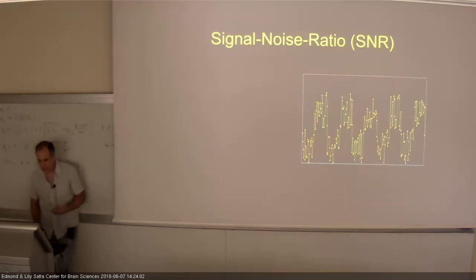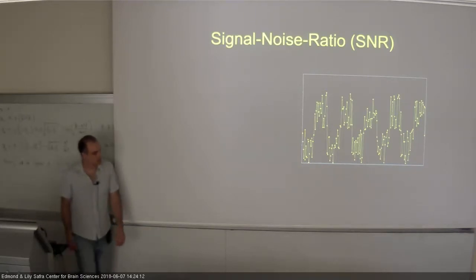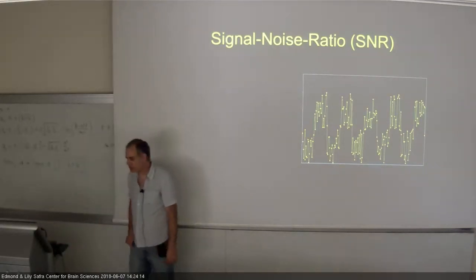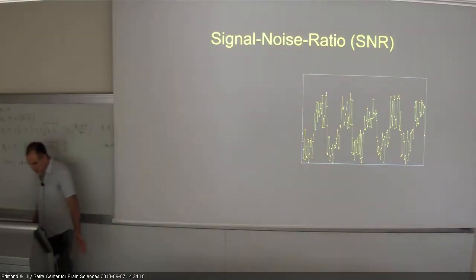So when you talk about functional MRI, when you talk about any measurement that you take in science, you basically talk about SNR, signal to noise ratio. And in every paradigm, including fMRI, you want to make this ratio optimal for your need, okay?